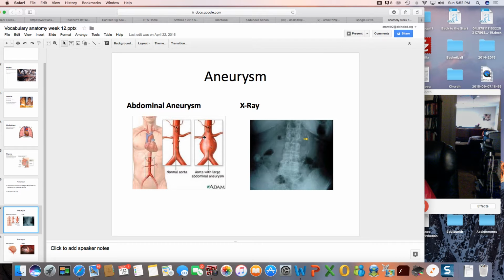And here, this is where the artery is swollen because there's a blockage. It can happen in the aorta, which is the main artery, the main blood source of your body. If this bursts, you automatically die. Sorry to be so morbid, but it's the truth.